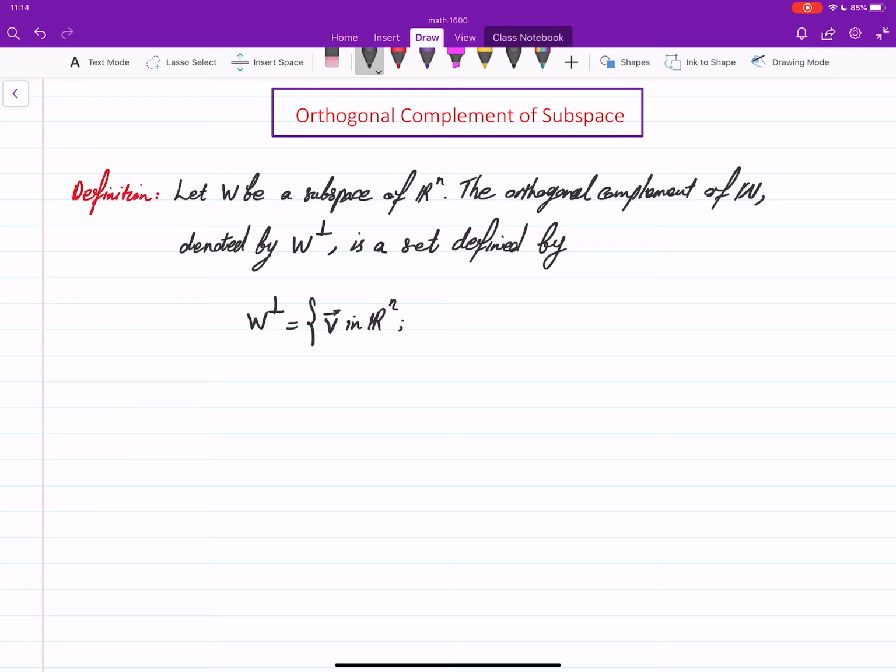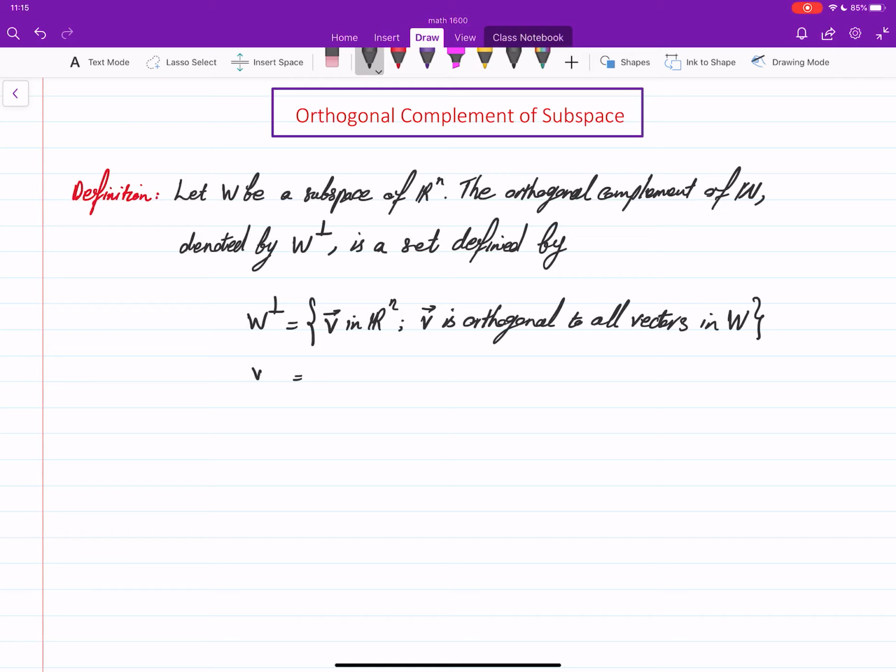such that V is orthogonal to all vectors in the subspace W. So find vectors which are orthogonal to all the vectors of the subspace W, put them together, that will be a set which is W perp.